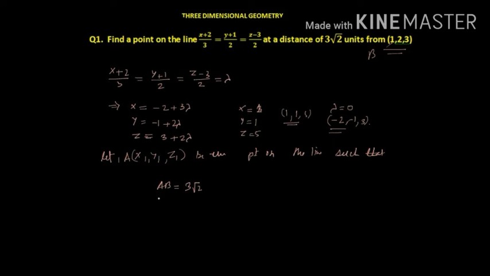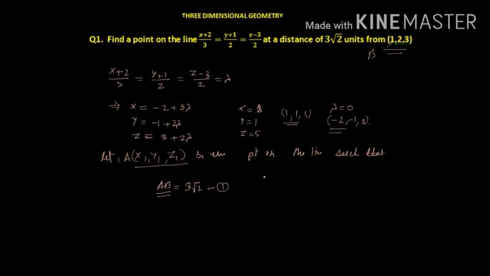Now from here it is very clear, you can use the distance formula once you know this value of x, y and z, right? So this is the equation which we have to use for finding the value of this point.